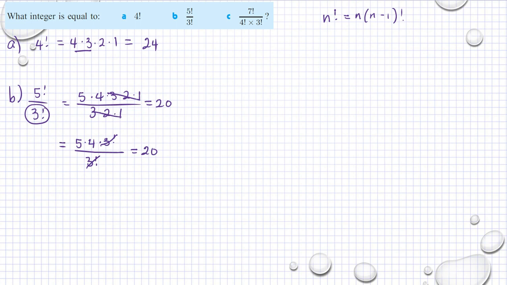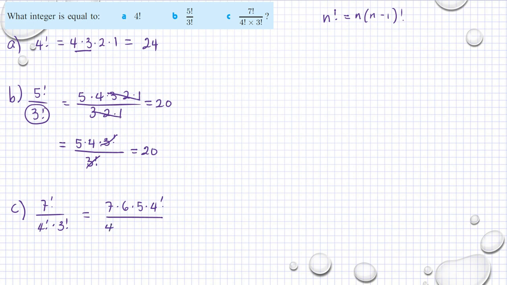Okay, c. We have 7 factorial divided by 4 factorial multiplied by 3 factorial. Then we have 7 times 6 times 5 times 4 factorial. We can use that.